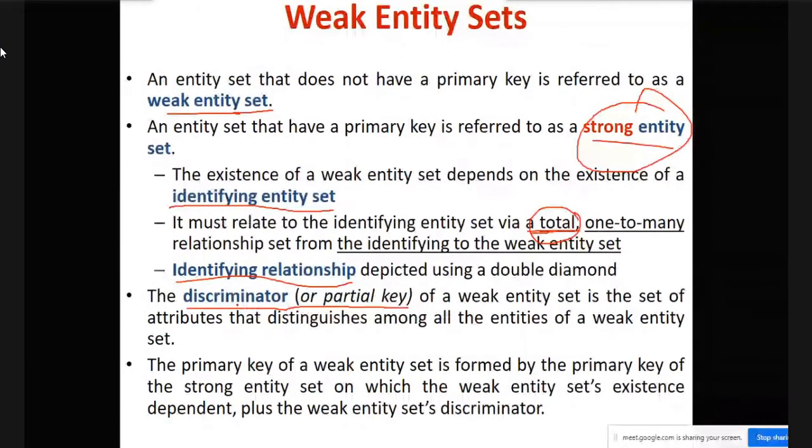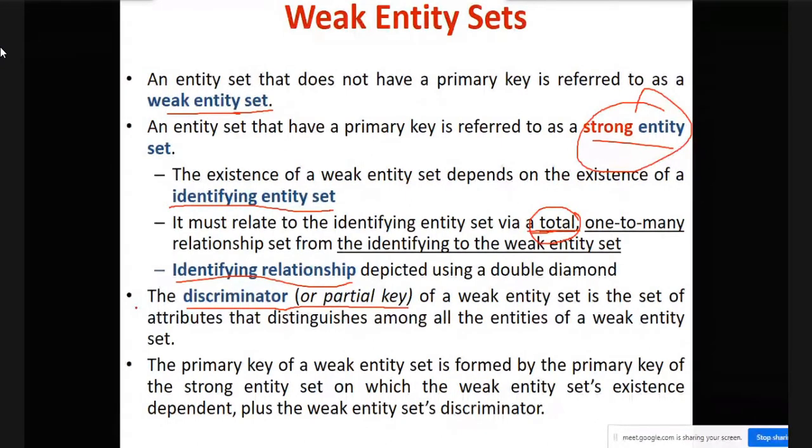The discriminator or partial key of your weak entity set is the set of attributes that distinguishes among all the entities of a weak entity set. So the weak entity set does not have a primary key, true, but it has one key, known as a partial key or discriminator.